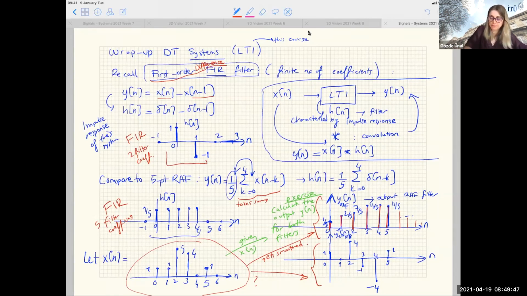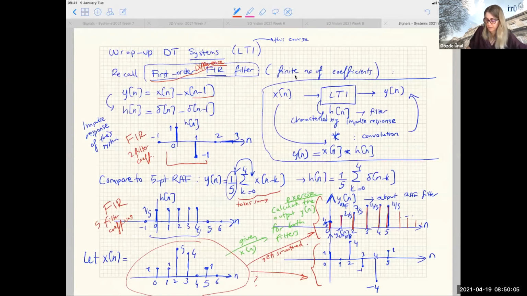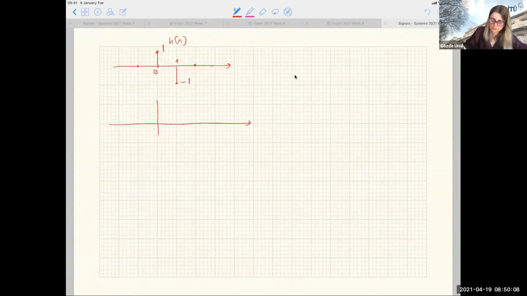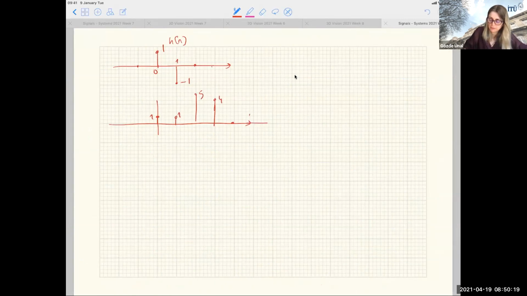Maybe let's just remember the effect. Remember, if I have, for instance, a value of 1 and a -1 and all zeros here, this is my h of n, and bring the input here. It was 1, 1, 5, 4, for instance, I think 0, 1, right? 0 and 1.